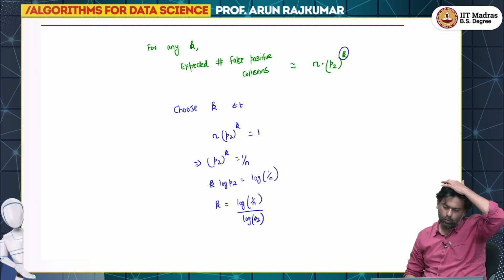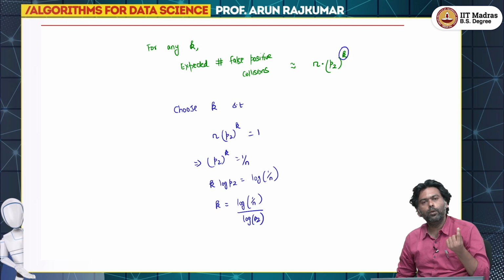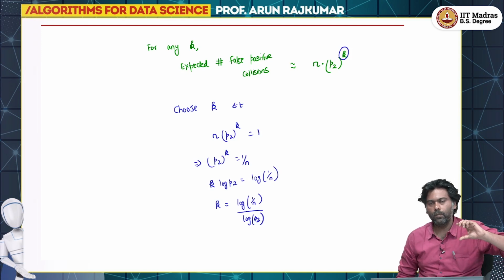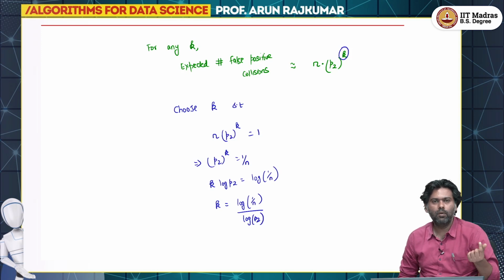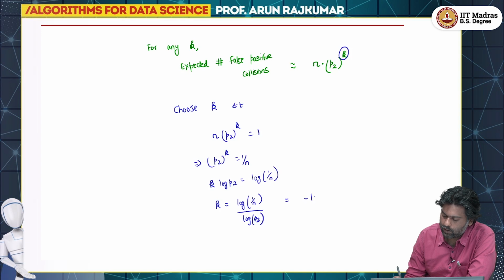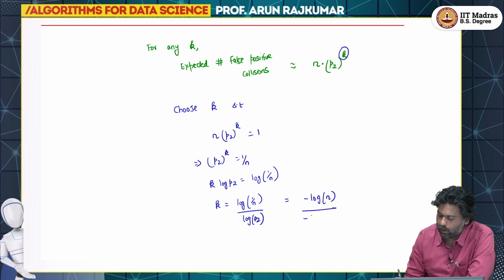Now, n is greater than 1, of course, n is a large number, and p2 is also less than 1. So, 1 by n and p2 both will be less than 1. The logarithm of a number less than 1 is going to be negative. So, I can write this as minus log n divided by minus log 1 by p2, and the minuses cancel, which is log n by log 1 by p2.